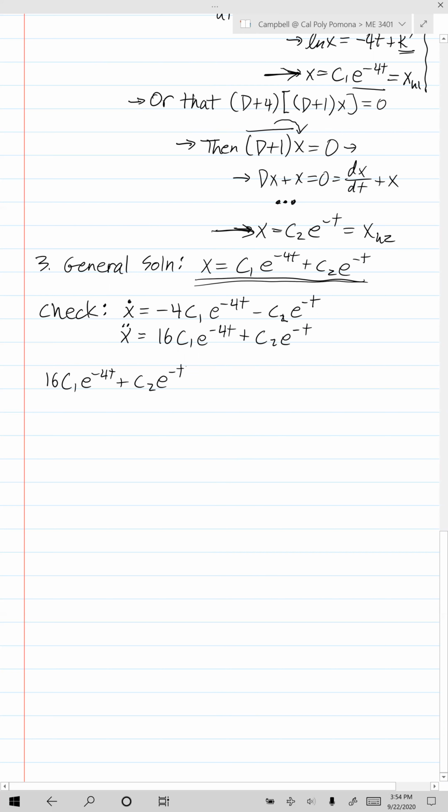The first derivative had a coefficient of 5, so I just have to multiply this whole thing by 5. And so we'll have a negative 20 c1 e to the negative 4t minus 5 c2 e to the negative t. And then last but not least, we have 4 times x, and so we get a plus 4c1 e to the negative 4t, plus 4c2 e to the negative t.